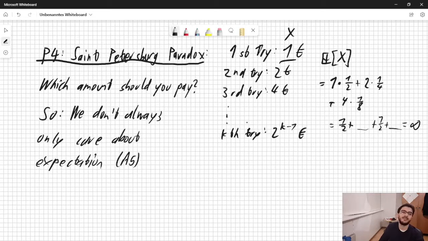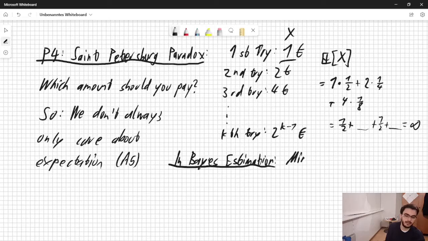So, I've given the minimum requirements for constructing the situation which we have in Bayesian estimation theory, where we want to minimize our loss, which is the same as maximizing our utility.